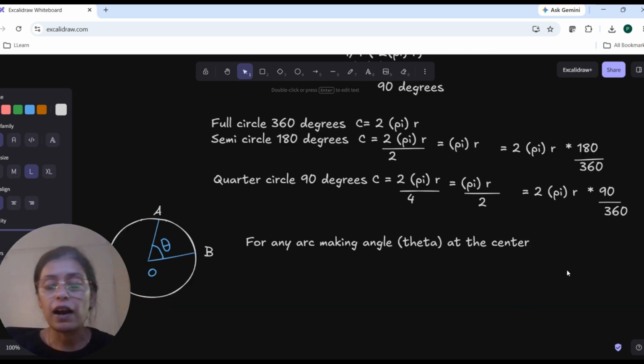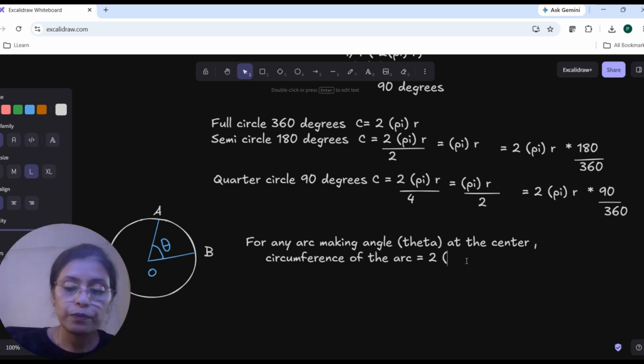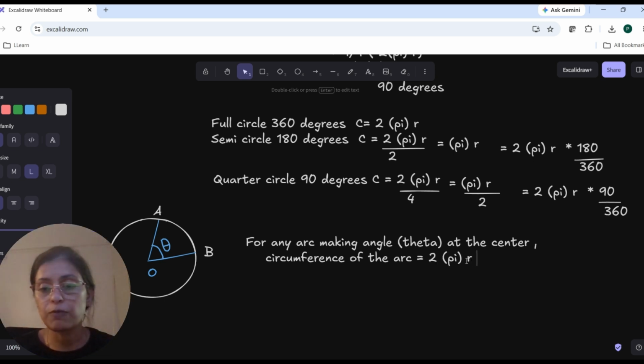So for an arc making angle theta at the center, the circumference of the arc will be what we had seen. We take the circumference of the full circle into the angle made by the arc upon the 360 degree. So this will become 2 pi r, which is the circumference of the full circle, into the angle theta.